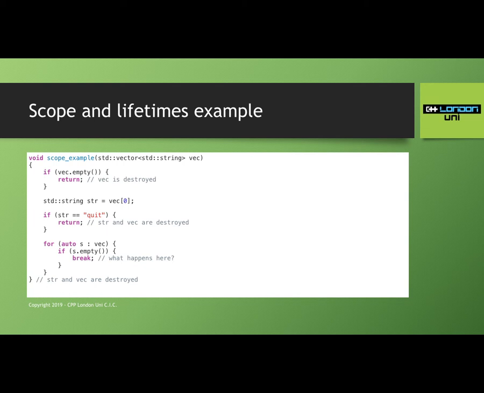So if you've been writing Java or C# or whatever, you're already familiar with these rules of scope controlling access to names. And C++ extends that a little bit to say, it's not just that you can no longer get at that variable, it's that the variable has been destroyed, its destructor has been called, and any resources that it held have been released.